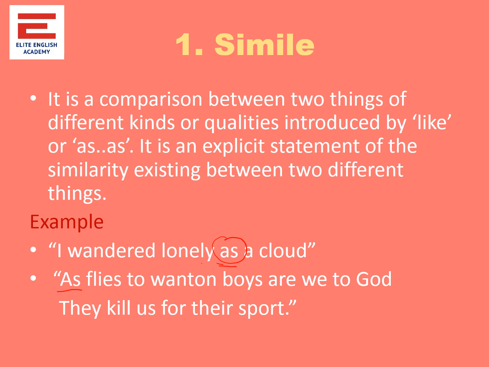Sometimes the word as may be found at the beginning. So here human beings are compared to the flies. Like wanton boys, the boys who are very naughty, used to kill flies, like that, God has been torturing us. So that is the meaning given here.